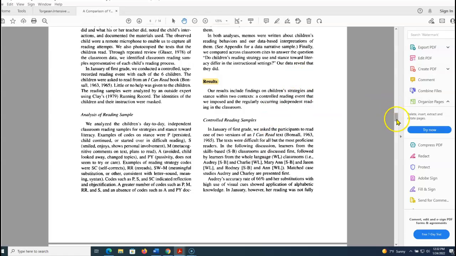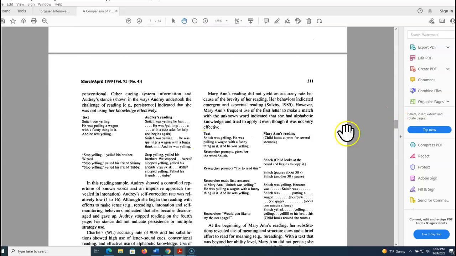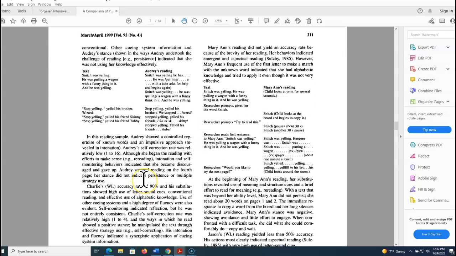Now, this is a qualitative research, so it is a little bit longer and harder to read because their data are the thick descriptions or include the thick descriptions. So qualitative research enables you to understand. It gives you a deep understanding. It's not used to prove anything.